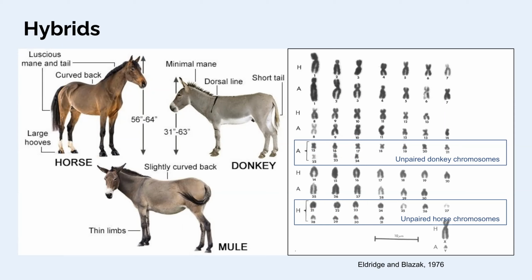It's a bit of a wild card as far as finding out what's going to successfully pair up during meiosis, and an astronomically low chance that the mule would produce an egg cell that looks just like a horse egg, or a sperm cell that looks just like a donkey sperm cell, because there's so much randomizing of the content of these chromosomes, as we saw in meiosis: crossing over, pairing, independent assortment, all this stuff. All right, so chromosomes are a big reason why hybrids are not fertile.